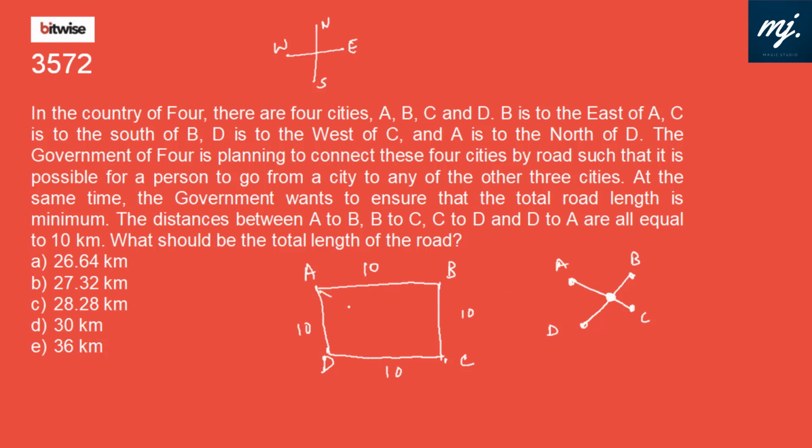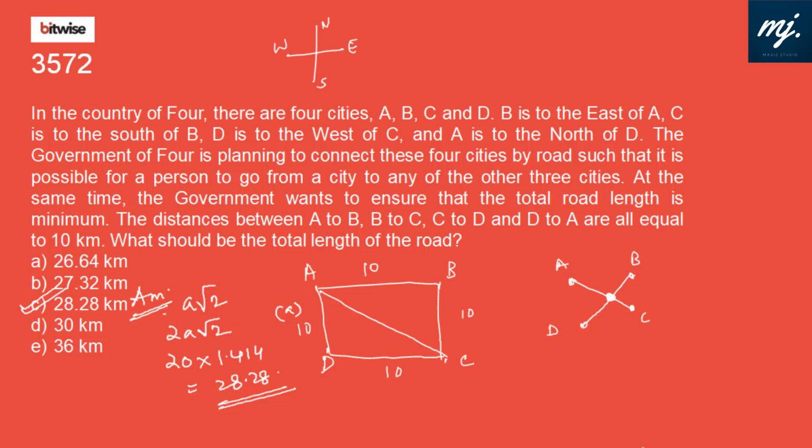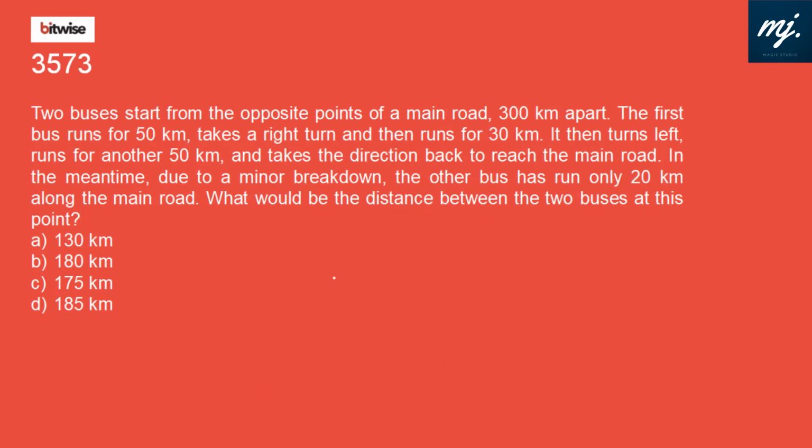Now we are looking for the 2 diagonals. For a square of side A, the diagonal is given by A root 2. We need 2 diagonals, that would be 2A into root 2. A is 10, so it would be 20 into root 2, which is 1.414. That should be 28.28. Yes, we have this option. Option C fits in.